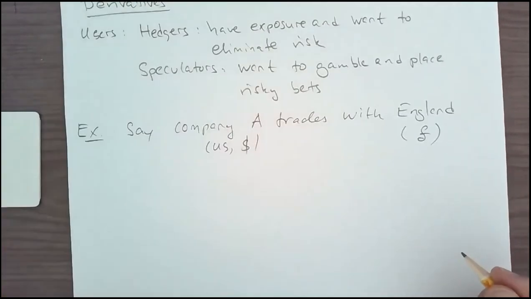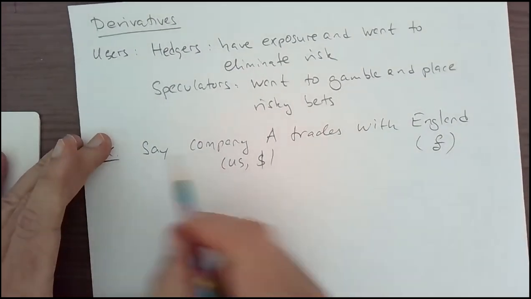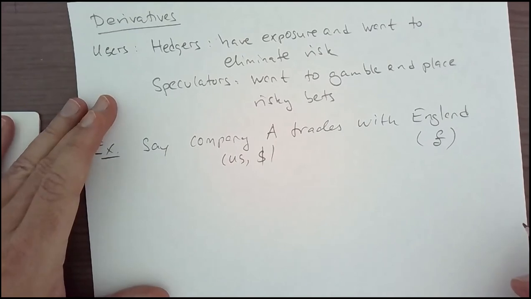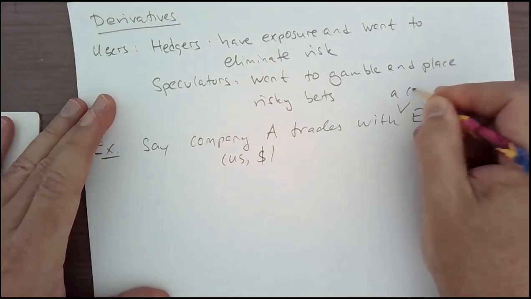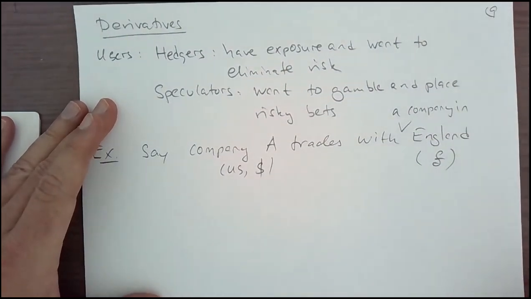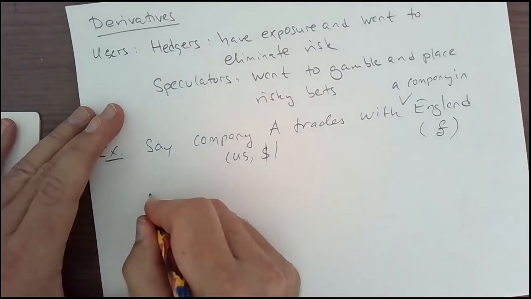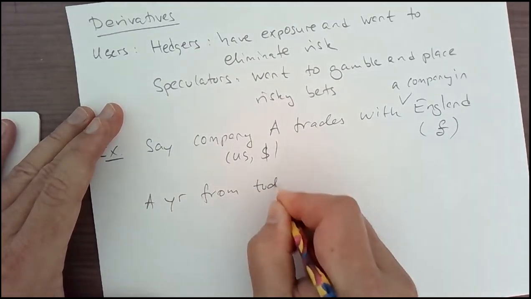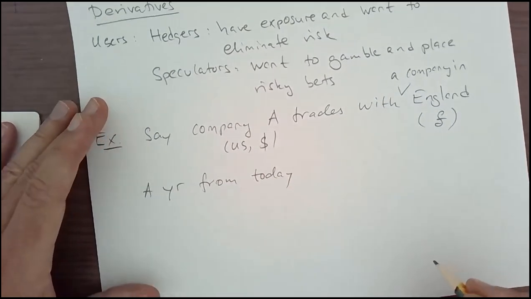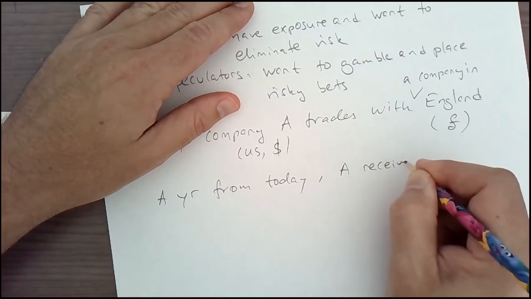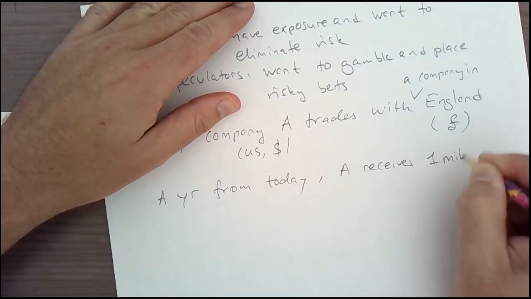So company A trades with some company in England. And a year from today, A receives 1 million pounds.